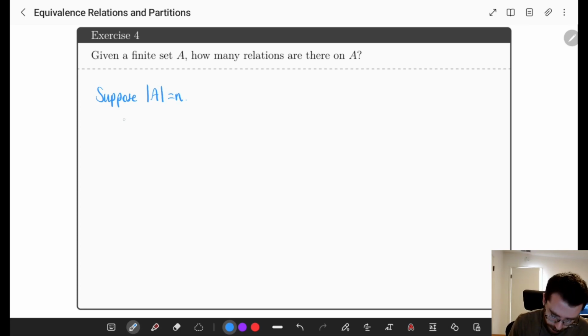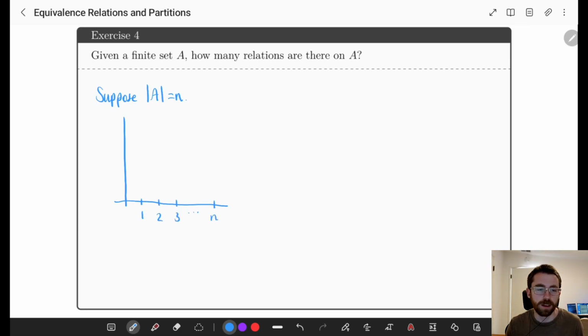Then we could sort of denumerate the elements of A as 1, 2, 3, all the way up to n. Maybe those aren't actually the elements. Maybe A is a set of matrices or something weird like that. But you can at least label them 1 through n, because you know there are n elements. So, up to relabeling, this is fine.